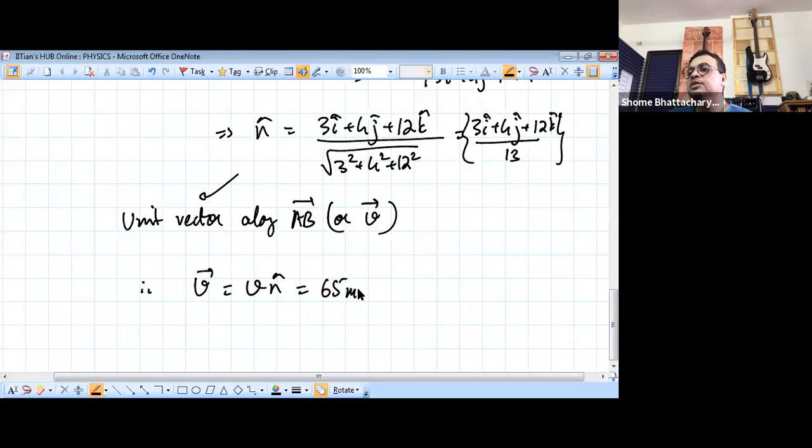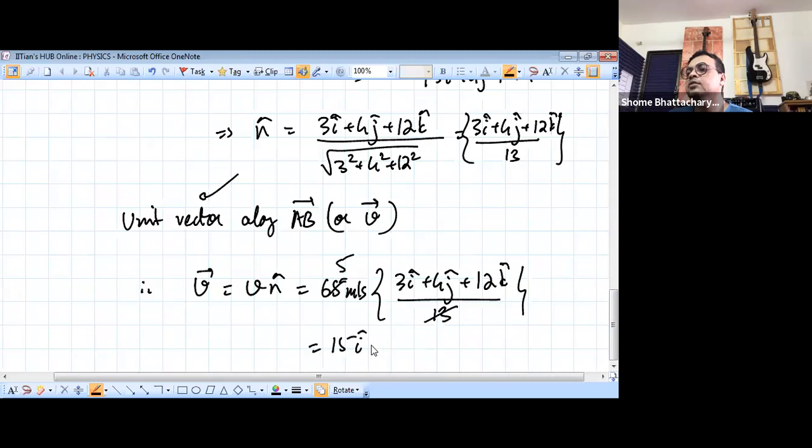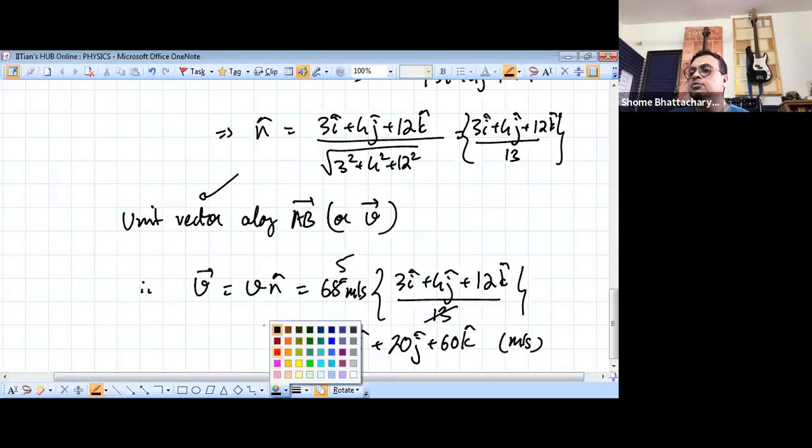It's becoming 65 meters per second into this unit vector, 3 i plus 4 j plus 12 k divided by 13. Okay. So cancel this. So it is becoming 15 i cap plus 20 j cap plus 60 k cap in meters per second. Each of the components will be in meters per second because this is meters per second. So ये मेरा velocity vector होगा. So this is now my velocity vector.